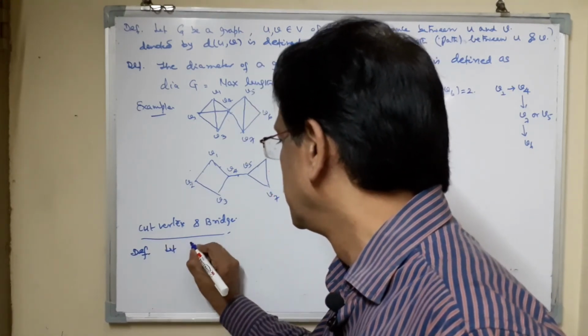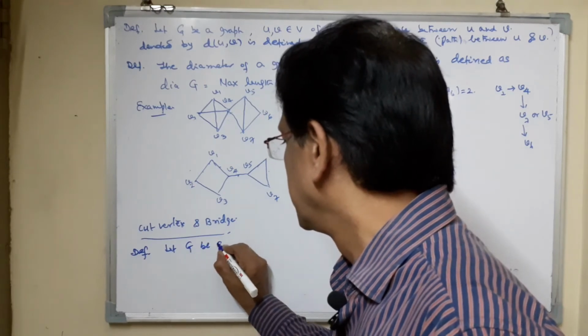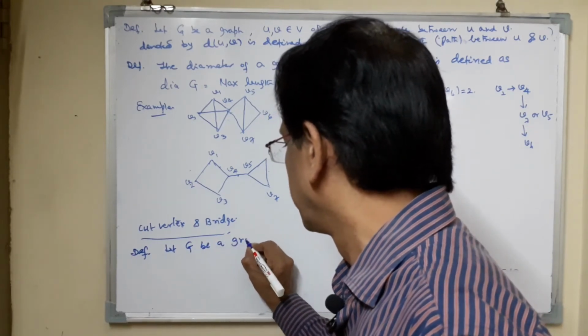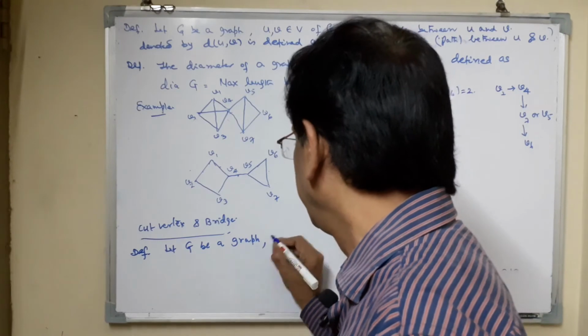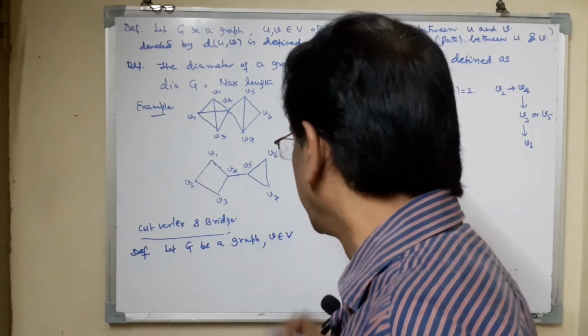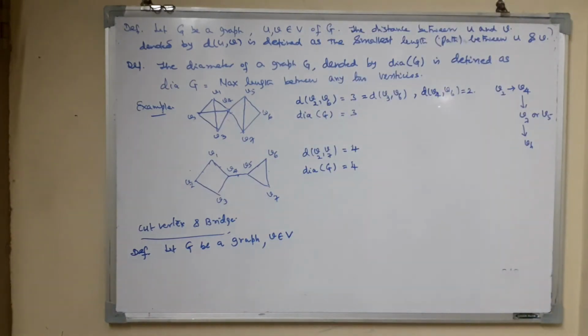Let G be a graph, and v is a vertex. v belongs to V, the vertex set.